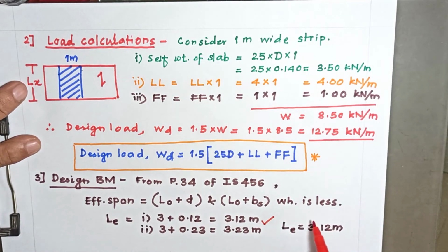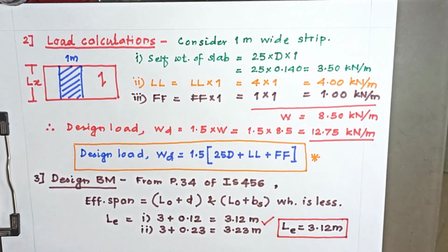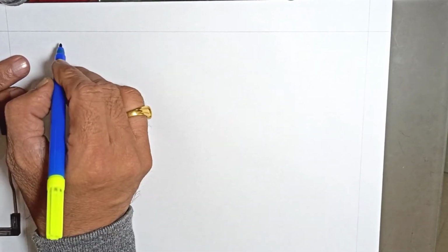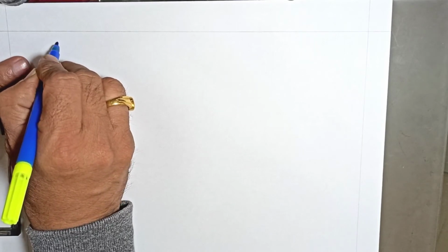Do you understand? Once you calculate the effective span, you can find out the design bending moment. So let us proceed further. We will be continuing with step number 3. The effective span is calculated, therefore I will now calculate the design bending moment.